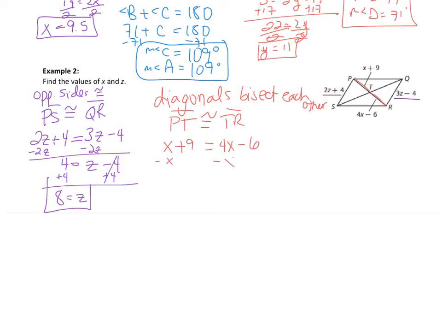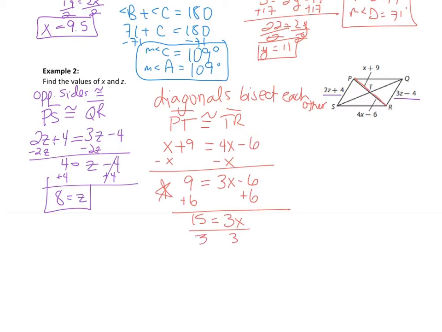If I subtract x off of both sides, that gives us 9 equals 3x minus 6. And I want you to continue going and tell me what the value of x is going to equal. You should have added 6 to both sides. That would give you 15 equals 3x. Divide both sides by 3, and we get x equals 5.